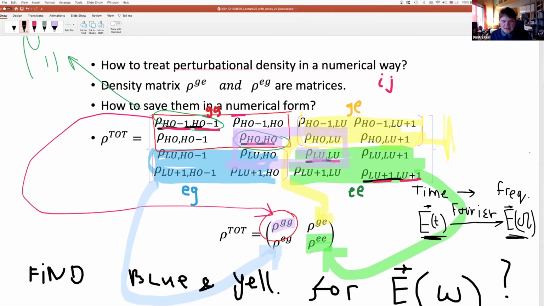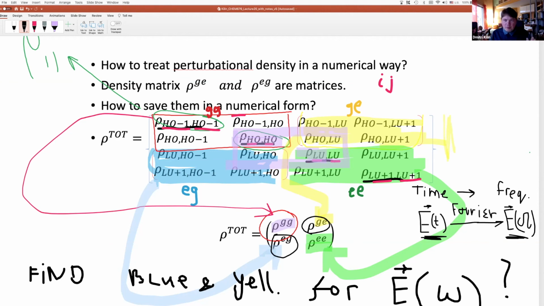And the main question of the TDDFT theory is to tell how much the off-diagonal elements will grow as a function of the frequency of the electric field.